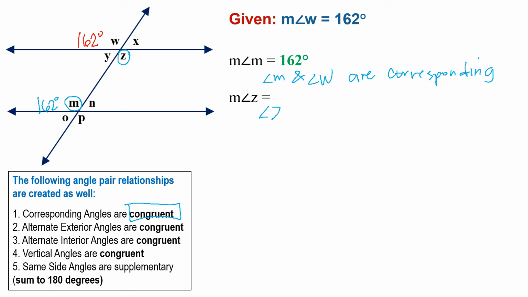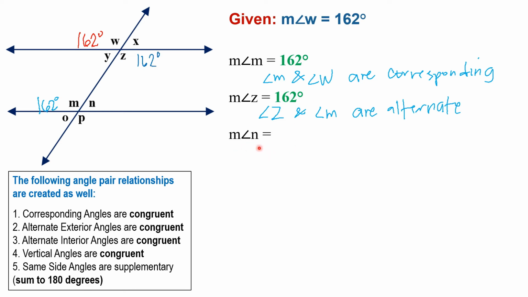So angle Z and angle M are alternate. Since they are alternate interior, they must also be congruent. Same with corresponding angles, they are also congruent. Therefore, the measurement of angle Z must also be the same as the measurement of angle M, which is 162. Okay, so angle Z is 162 degrees.